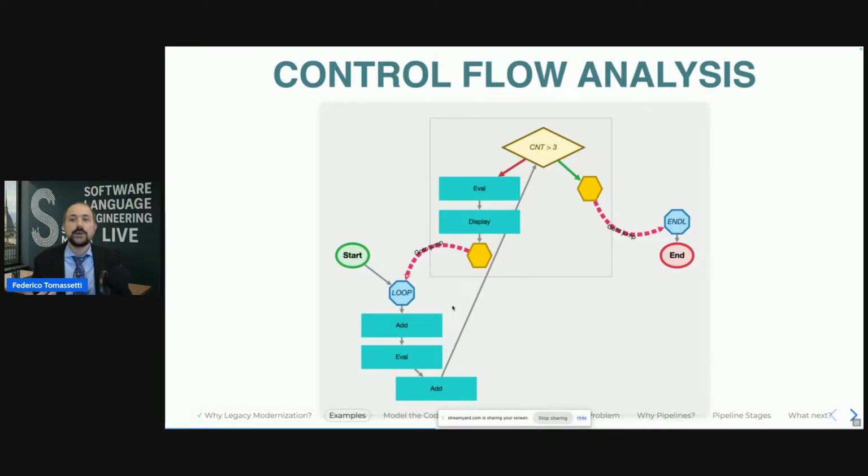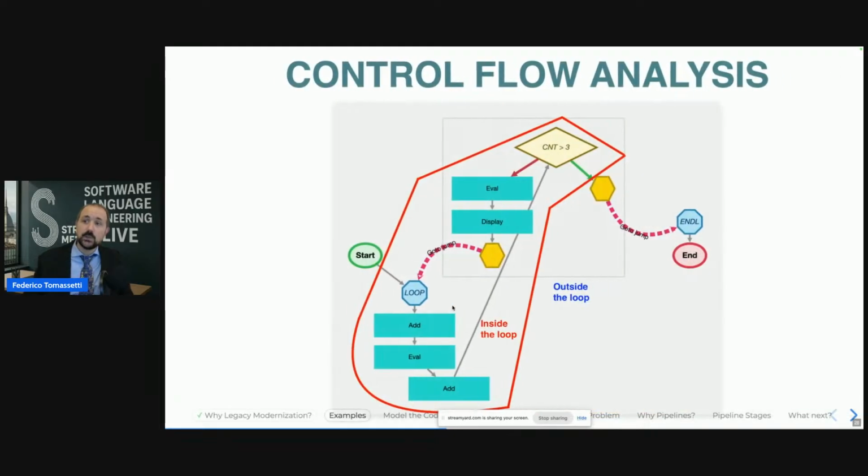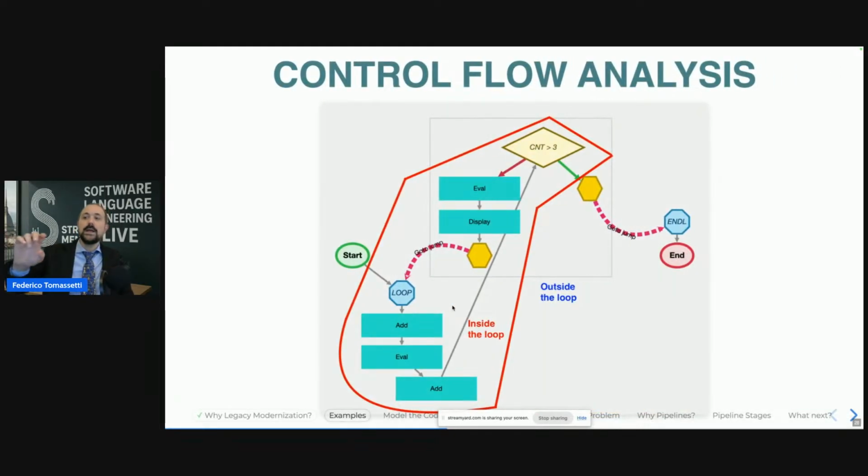So we don't define them using a do or a while or other control flow structure, or we are not forced to, but we typically do that by using a combination of gotos and tags. In this case, once we have this graph, we can look at it and identify a loop. And then we can see that certain jumps are jumps inside the loop and other jumps are jumps outside of the loop.